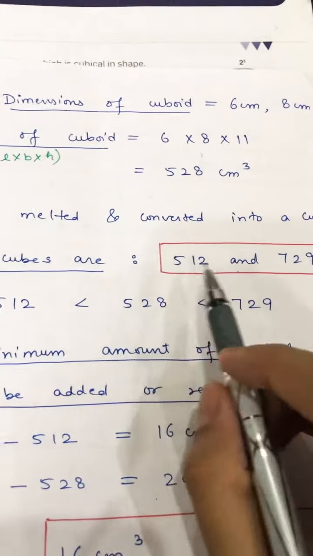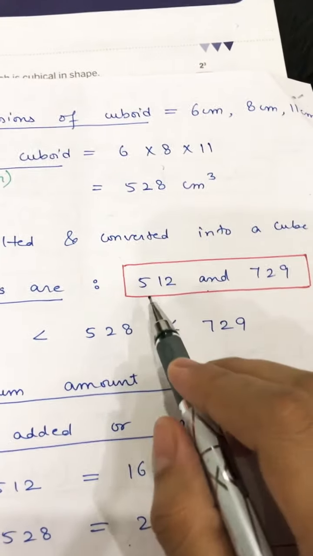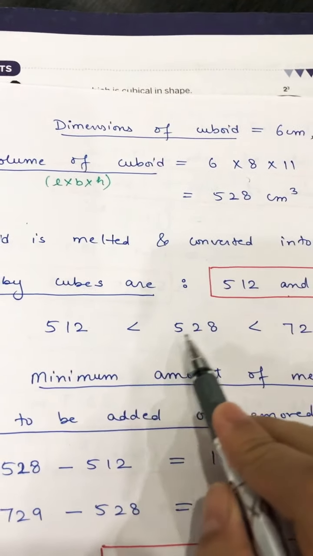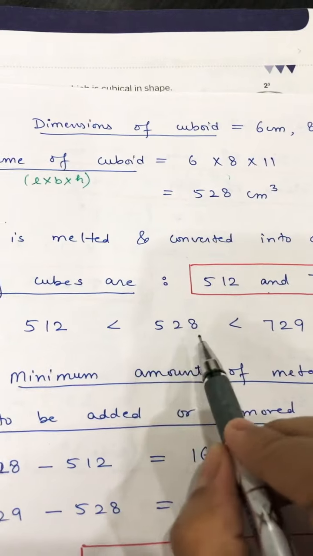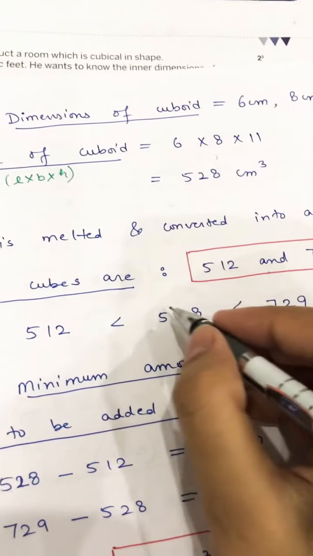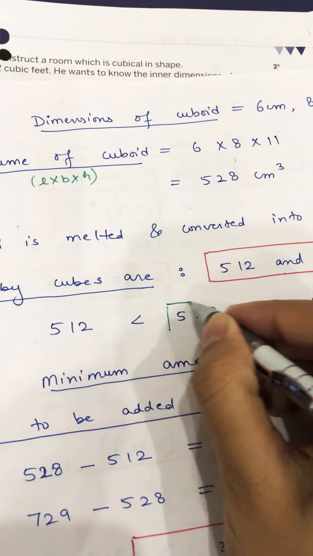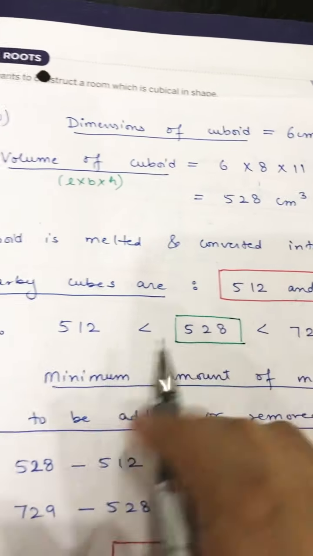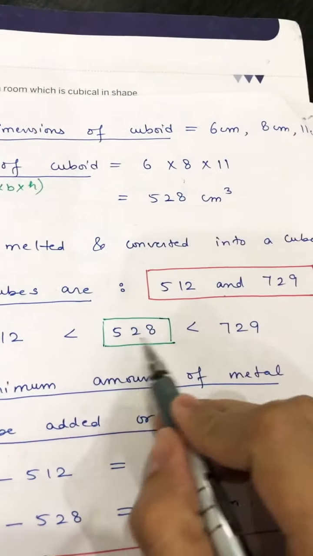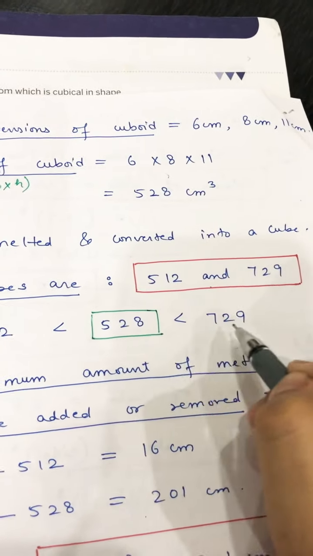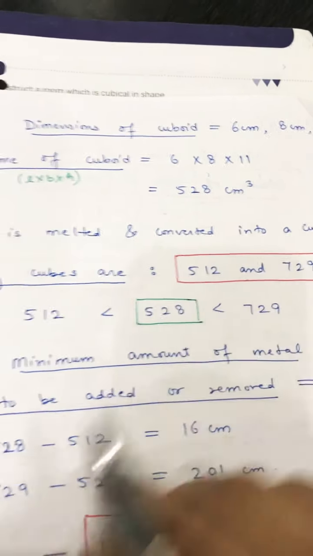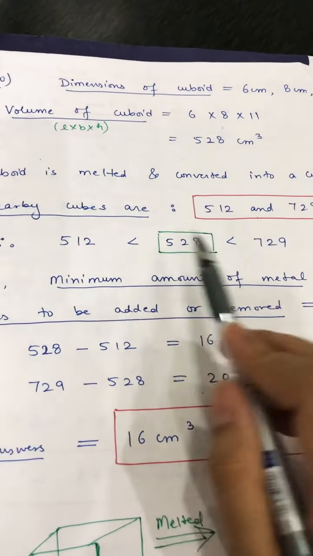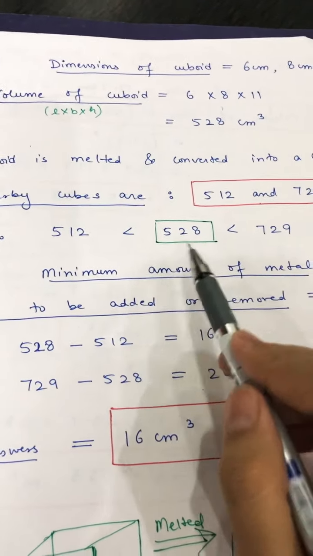So here two cubes are there, 512 and 729. 512 is lesser than 528, and 729 is greater than 528. So these two are the cubes which are nearby this cuboid's volume.